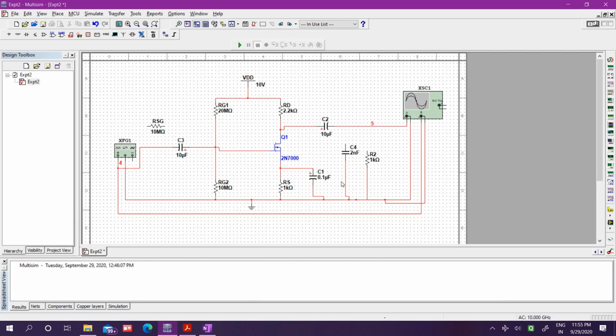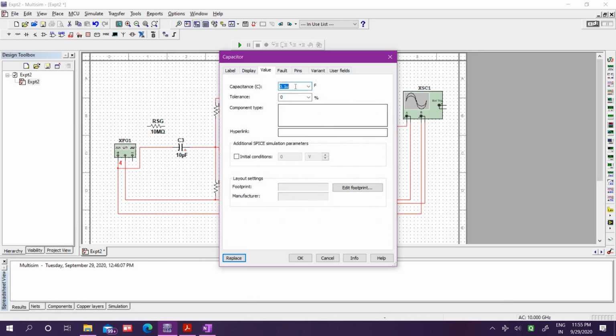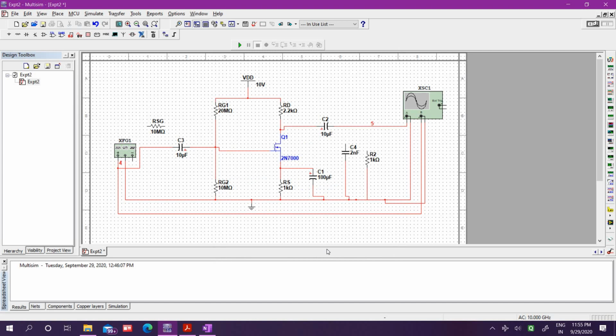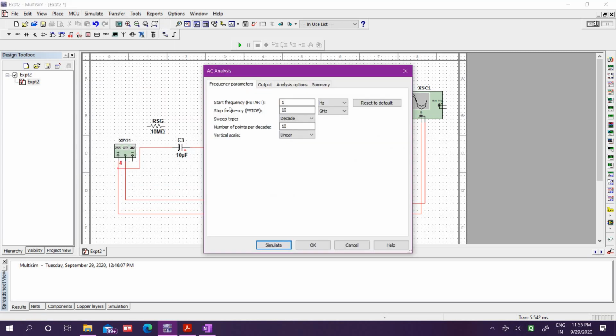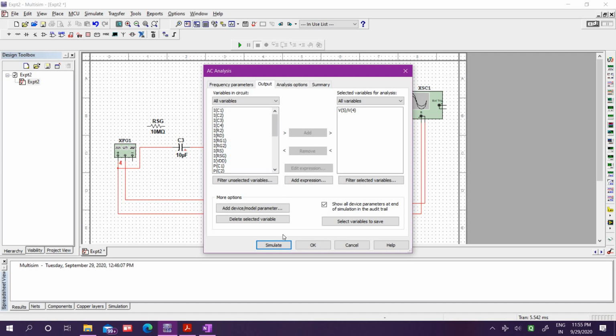So again I change the value to its original value, so this is 100, so it will affect your lower cutoff frequency. I connect this, so it is 2 nanofarad. So go to the simulation, and this is AC analysis, output, all are set.